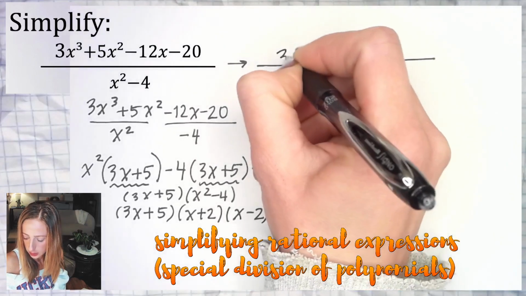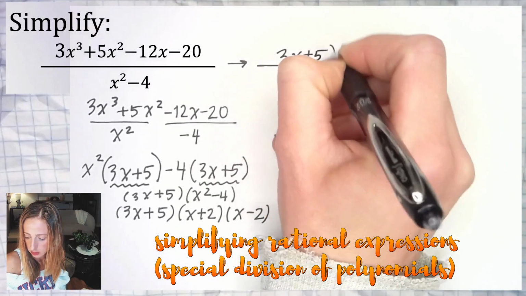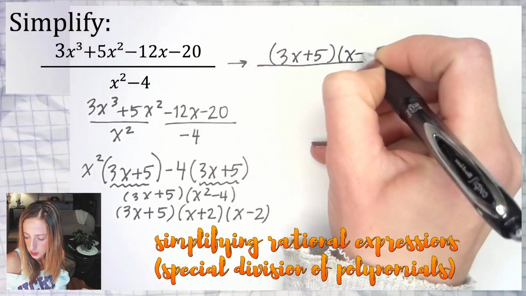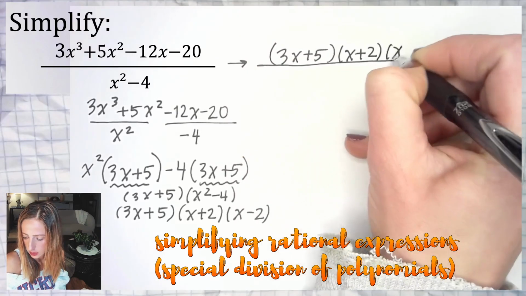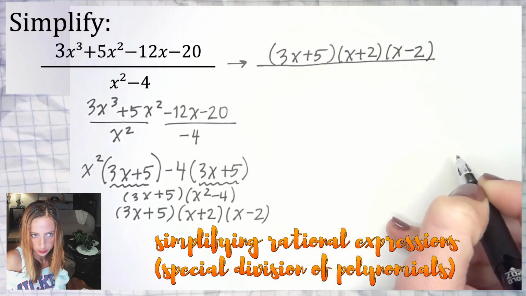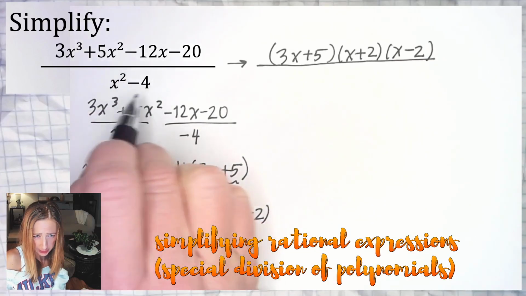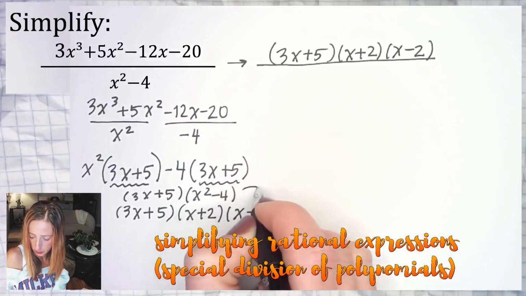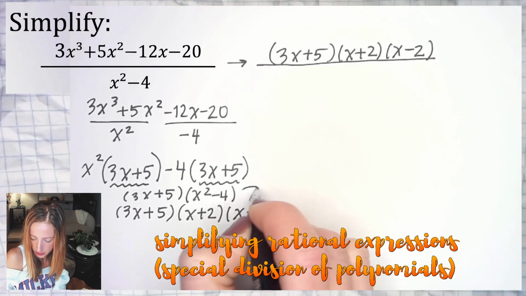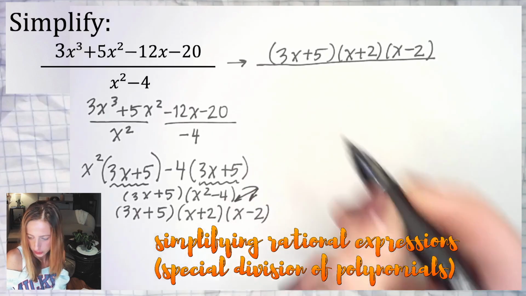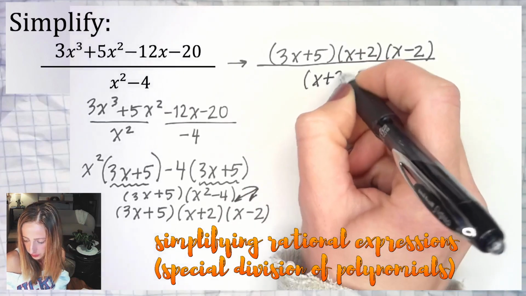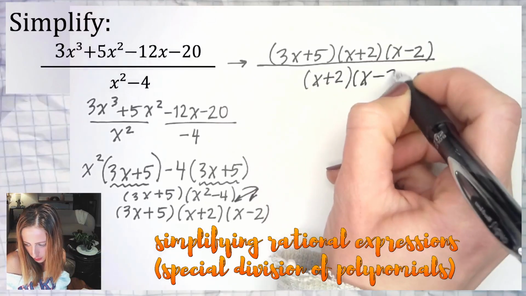So my numerator is 3x plus 5, and again in parentheses, x plus 2, and x minus 2. My denominator, well, it really was that anyway, right? So it's going to factor into those two things as well. X plus 2, x minus 2.